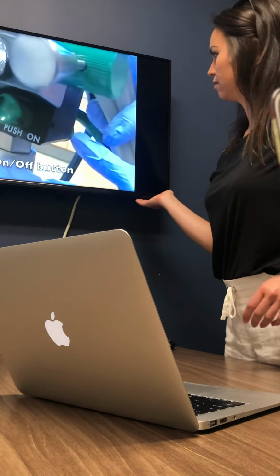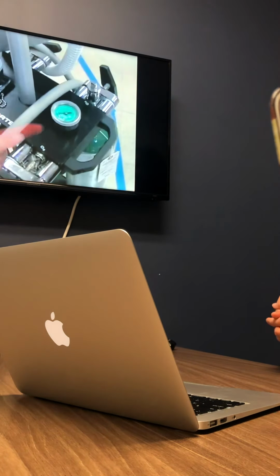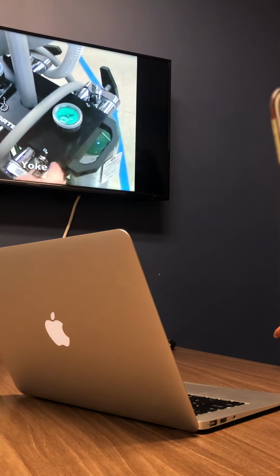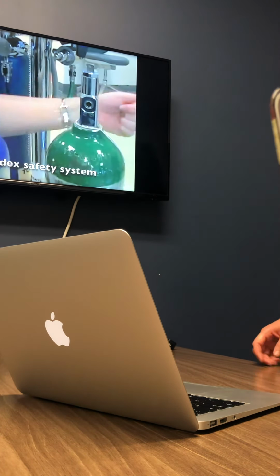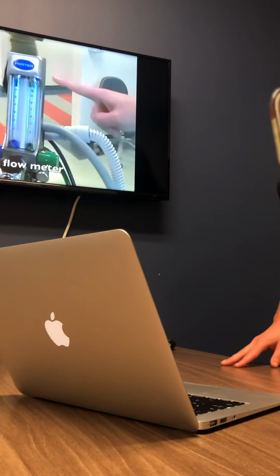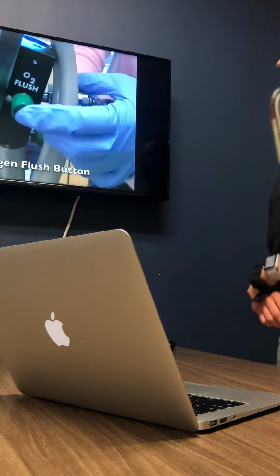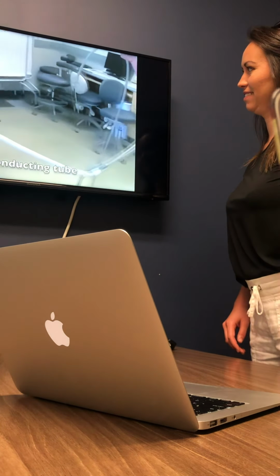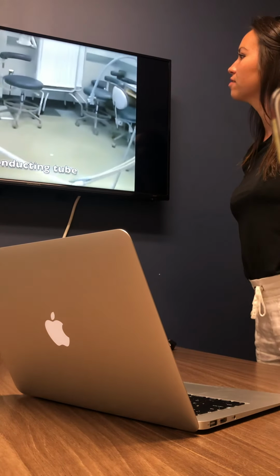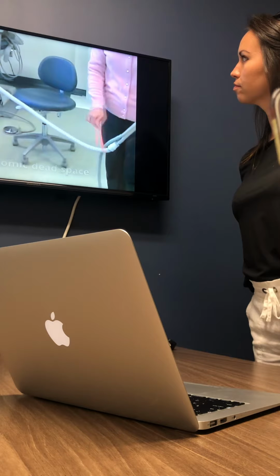This is the on and off button. This is the pressure reducing valve. This is the yoke. These are the pin index. This is the flow meter. This is the oxygen flash button. Do you guys remember looking at this in our book? This is the visible back. This is called the conducting tube. This section is called the anatomical dead space.